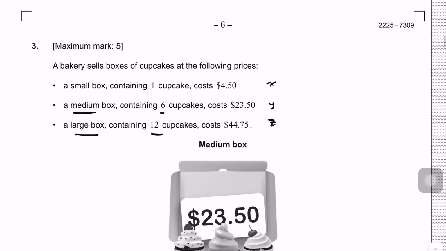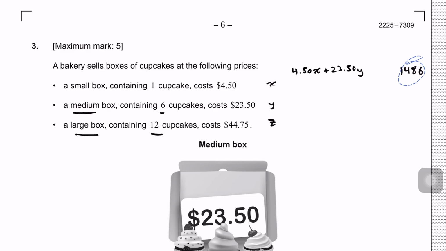So let's go up here and use this template. So we have $1,486 that are made. And how is that formed? Well, we know we make $4.50 for every small box. We make $23.50 for every medium-sized box.